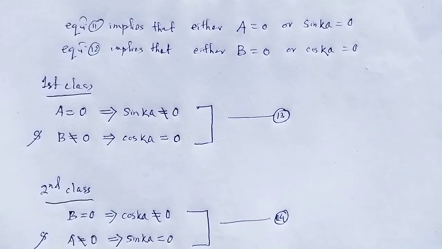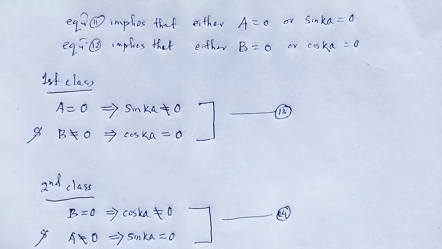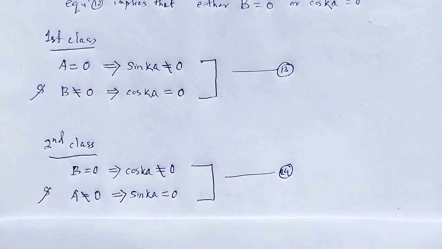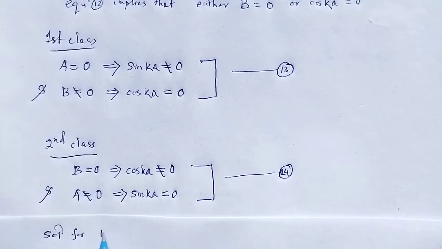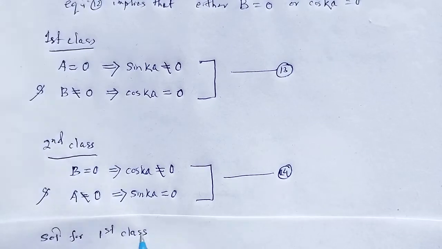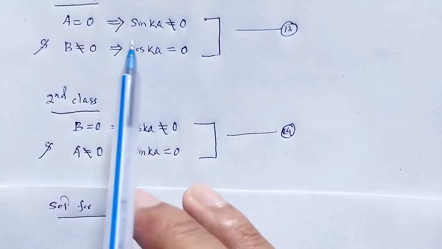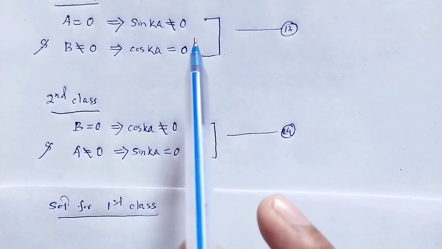Now we should find out the solutions for the first class and the solutions for the second class. Now the solution for the first class, that is when a is equal to 0, sin ka is not equal to 0, b is not equal to 0 and cos ka is equal to 0.